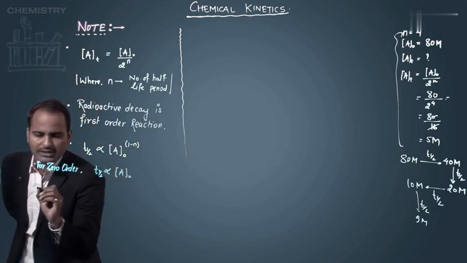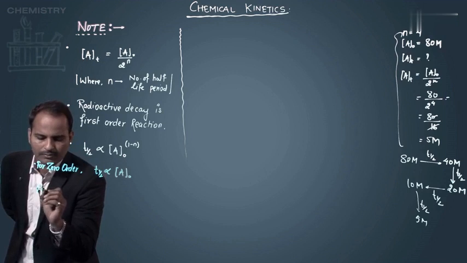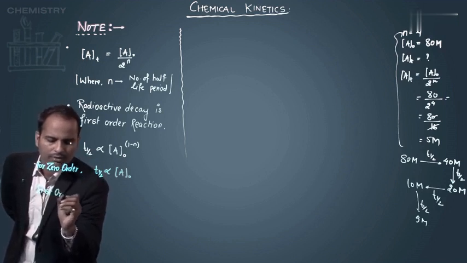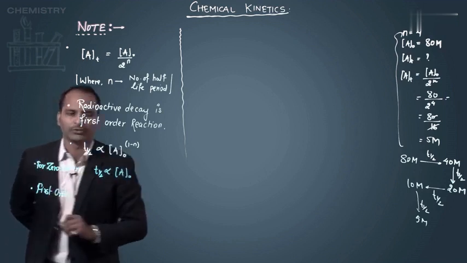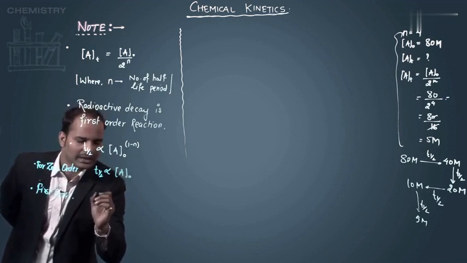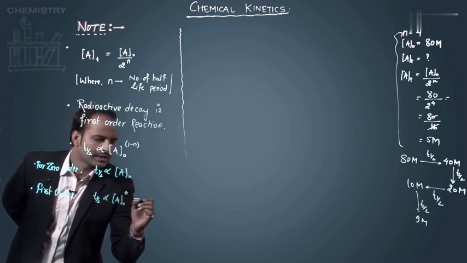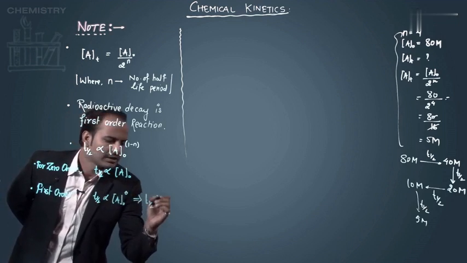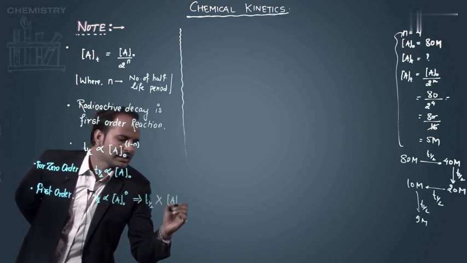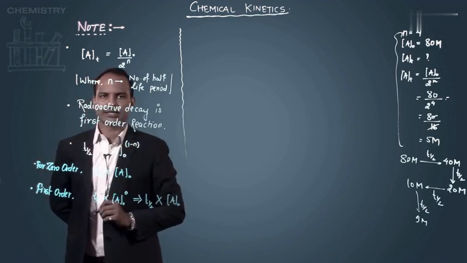If I'm considering first order reaction, where n is equal to 1, T half is directly proportional to A0 raised to 1 minus 1, that is 0. That is, T half does not depend on initial concentration of reactant.